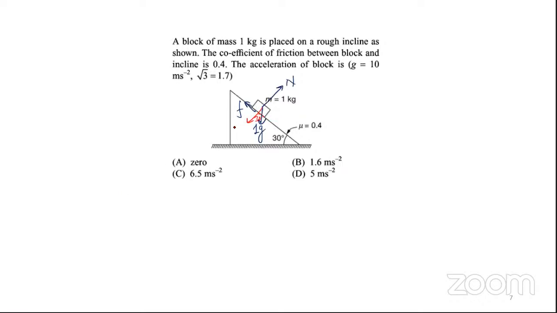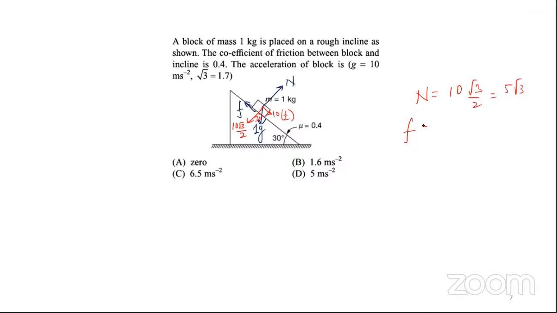So this will become 10 into cos 30, that is root 3 by 2. And this will become 10 into sin 30, that is 10 into 1 by 2. And there is no motion in the vertical direction, so N equals 10 root 3 by 2, that is 5 root 3.